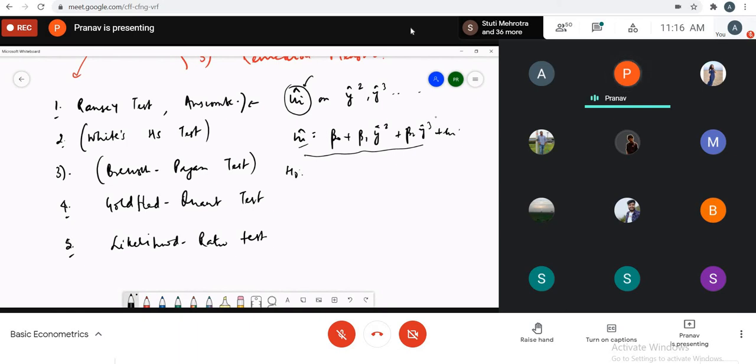If you're not able to reject the null hypothesis, it means your errors are homoskedastic, because the assumption is that all these coefficients are combinedly equal to 0. But if you are able to reject the null hypothesis, it means any of the coefficients, whether it is the coefficient of y hat square or of y hat cube and so on, any of such coefficients.